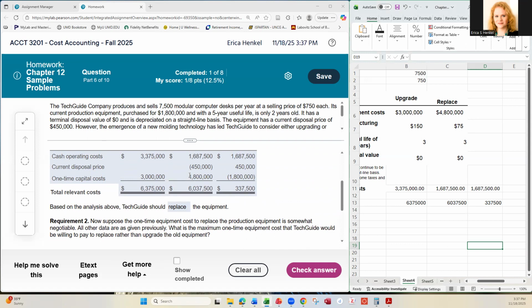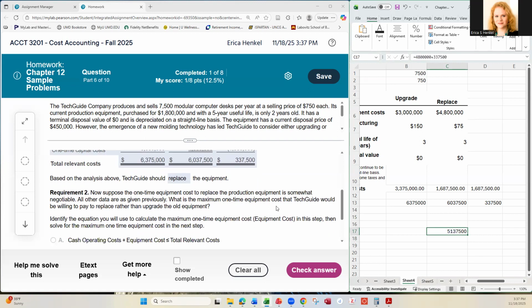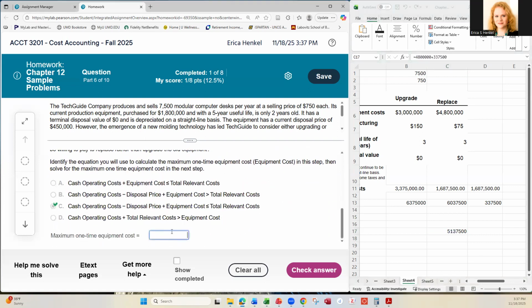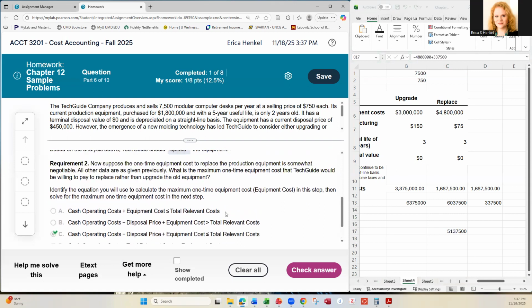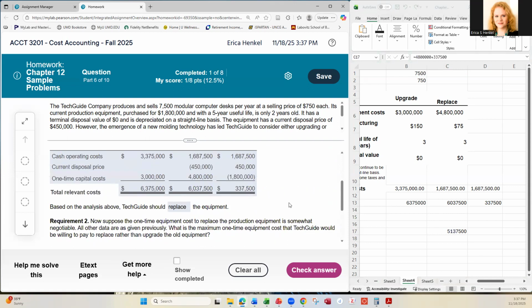So currently this capital cost is $4.8 million. If we add to that the amount that we are benefiting above and beyond the other option, which is the 337,500, that means that the maximum that we would be willing to pay is 5,137,500. And that's where we would be basically even between the two options.